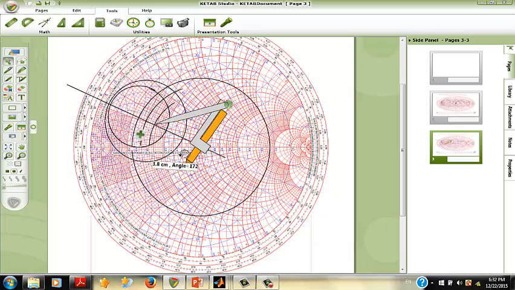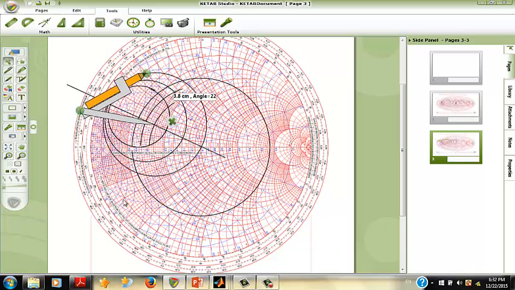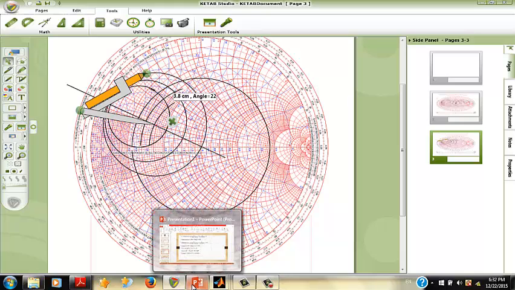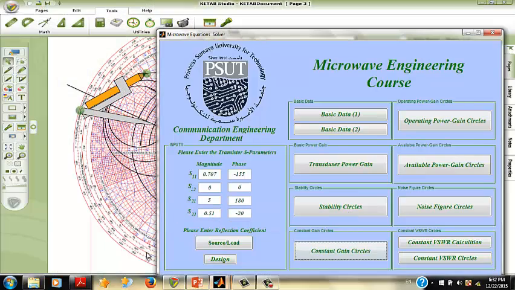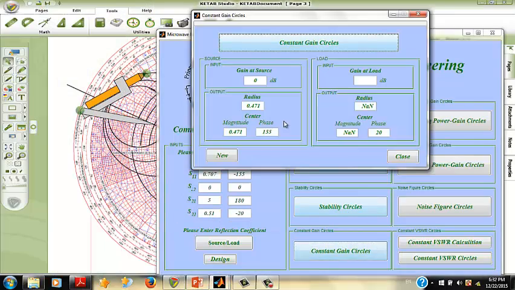Now we want to draw the 0 dB circle, and we repeat it for -1 dB. We got 0.556 radius and 0.402 center.